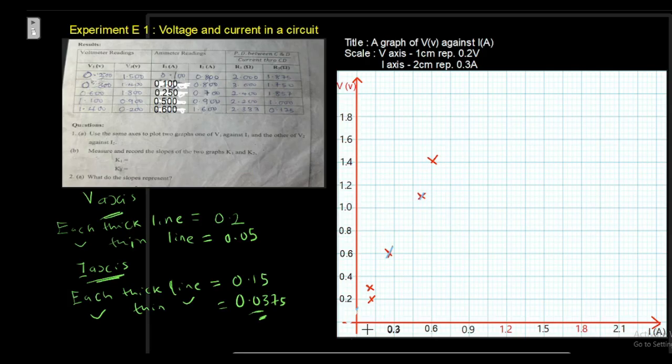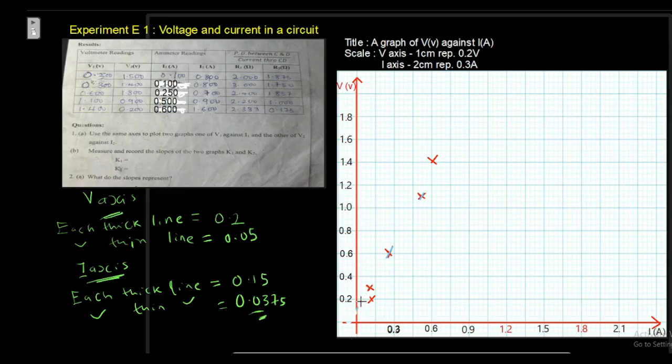And 0.11 is actually very close to 0.1, so we can just take it. It's approximately 0.1. So we'll take it here, 0.1 and 0.2. Mark it down.